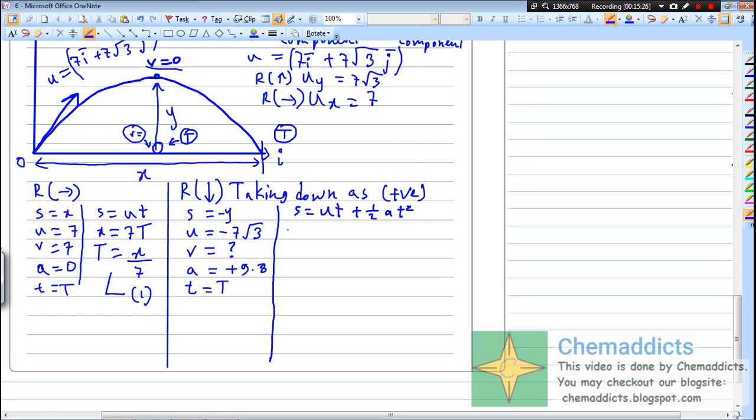In this case, let us substitute the values: minus y equals u, which is minus 7 root 3, times capital T, the time of flight, plus half g t square.